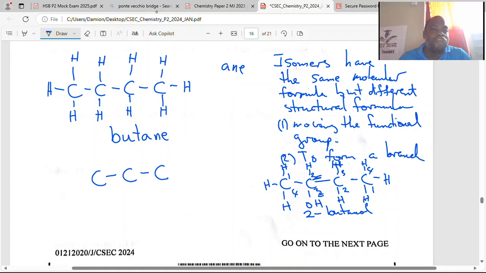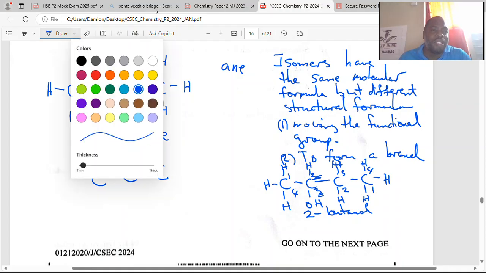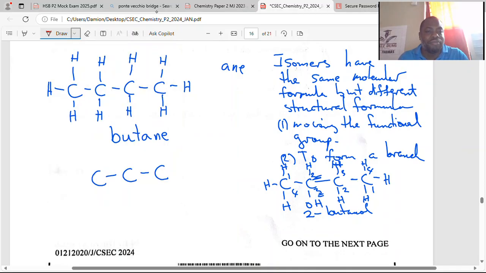Now, guys, when you're forming the isomer of an alkane, the rule is the 2 end carbons cannot accept the extra carbon. Remember, we have one extra carbon that we're going to try to fit at a different location. So if I put the extra carbon here, is this different from this?